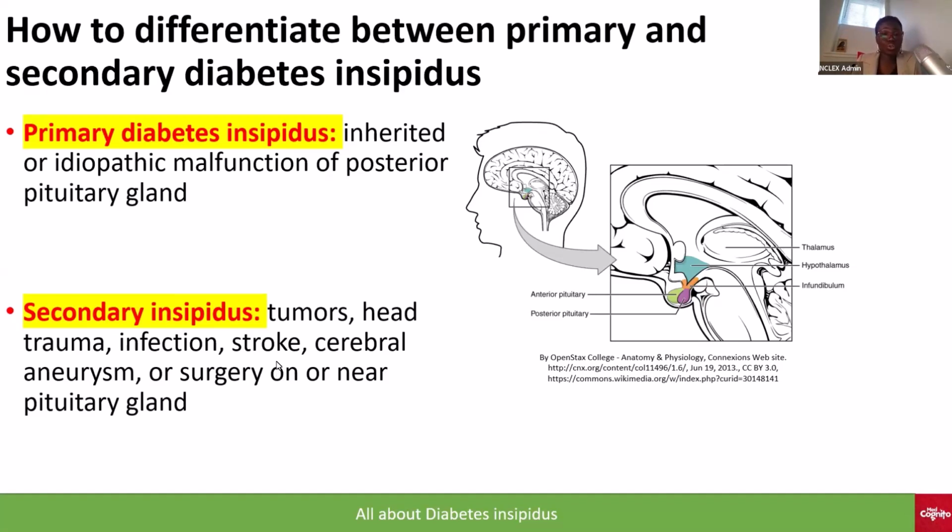Infection, stroke, cerebral aneurysm, or surgery at the area of the pituitary or near the pituitary. So the person underwent a surgery, maybe a pituitary surgery, so it had an effect on the posterior pituitary, and later on the client presents with symptoms of diabetes insipidus. That is secondary. So I hope you got the difference, primary and secondary.